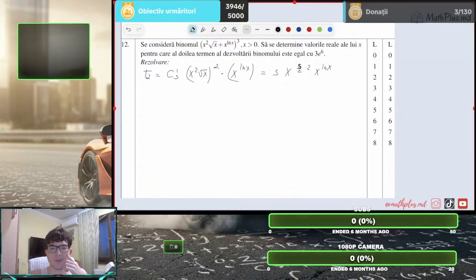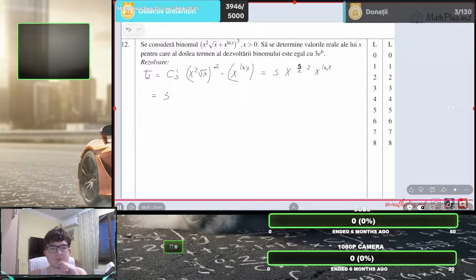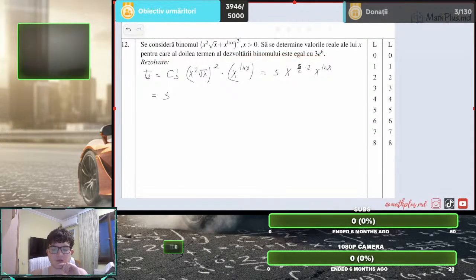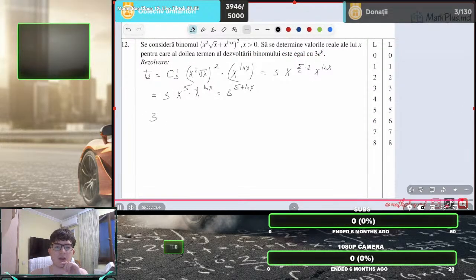So 3x, that power 10 divided by 2, so x to the power of 5. So the amount is going to be 3x, and the power is going to be 5 plus ln x, right? 5 plus ln x.